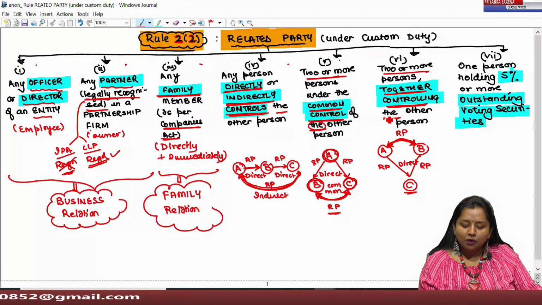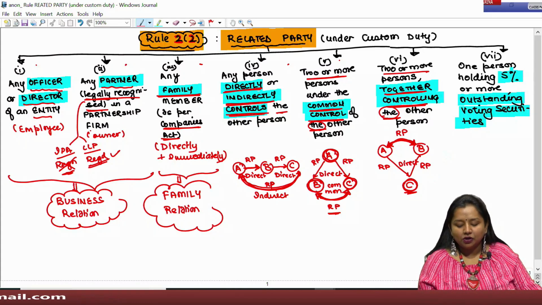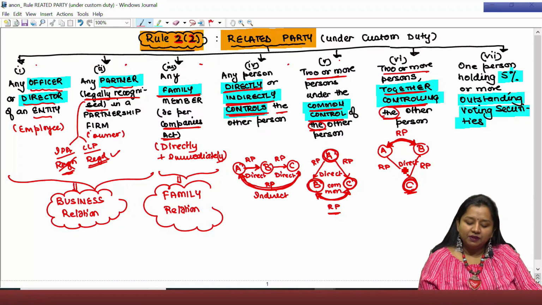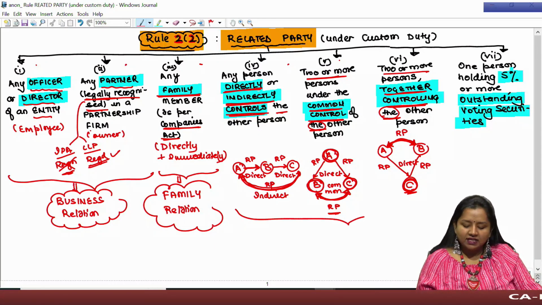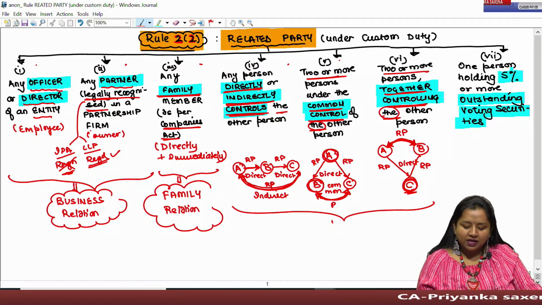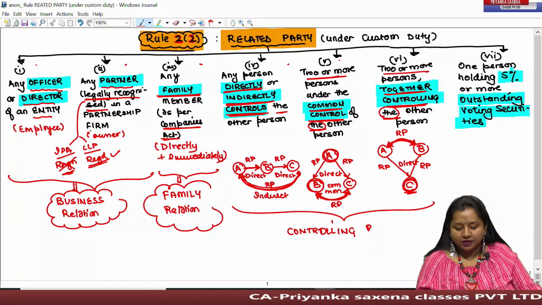Here we are talking about the specific person. This is the reverse of the previous case. In all these three cases, the relation has been created because of control. So we can say that here the relation is because of controlling action.